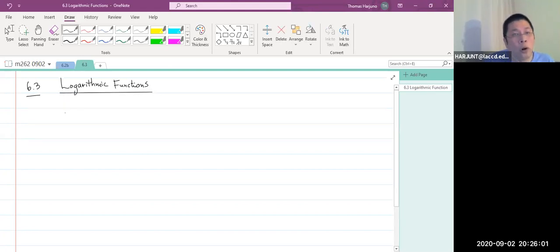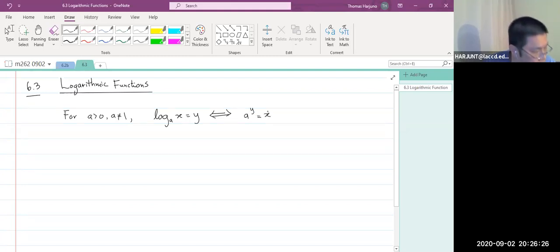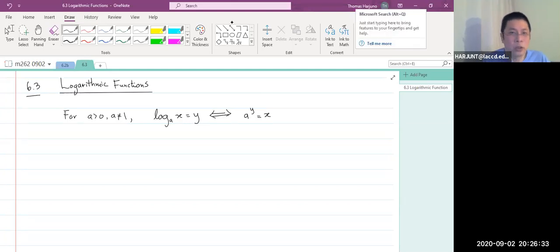For a positive base a, which is not 1, log base a of x equals y if and only if a to the y equals x. So the log function is the inverse of the exponential function.